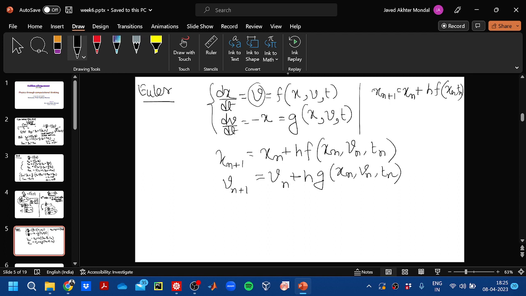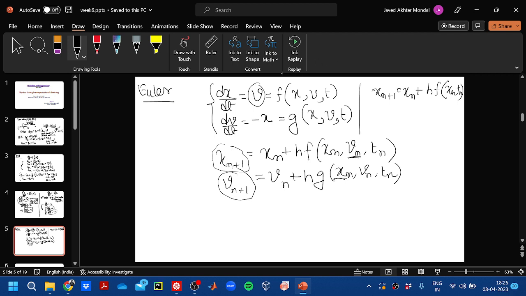As we can see here, xn plus 1 depends on vn, and vn plus 1 also depends on xn. That means they are coupled. How x changes with time affects v, and how v changes with time, vice versa, affects x.